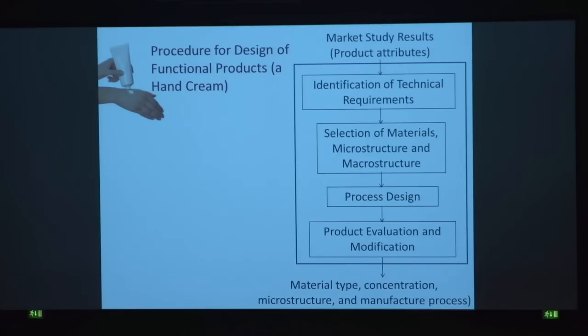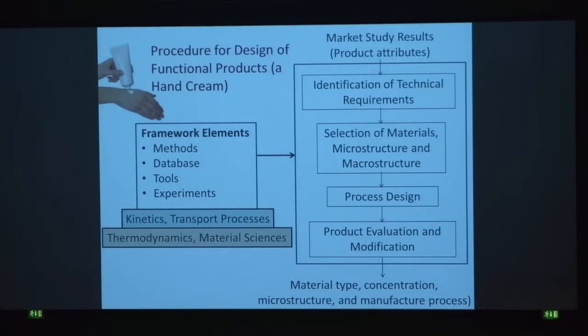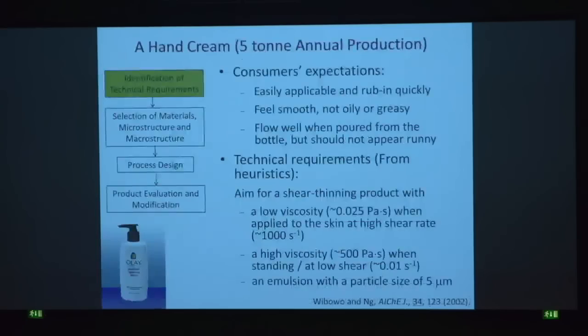So this is another procedure, but for a functional product, for example, a hand cream. We begin with the product attributes, go through the procedure using elements in the framework that we have accumulated to come up with the material type and microstructure of the product.